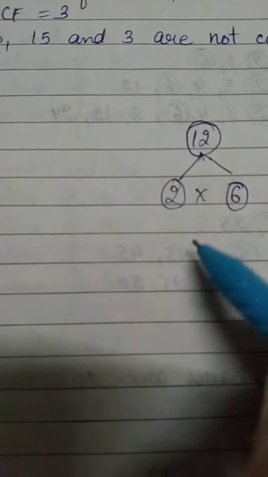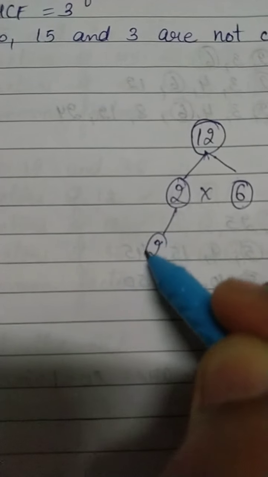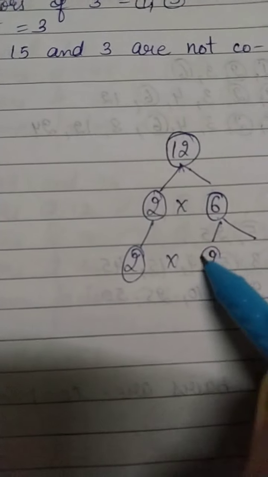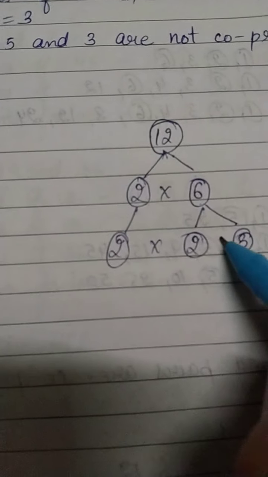Again, I'll start dividing the number by the smallest prime number, and that is 2. 2 multiplied by 6. 2 6s are 12. Now 2 is a prime number, so it will remain the same in the next step, and I'll split 6. That is 2 3s are 6.